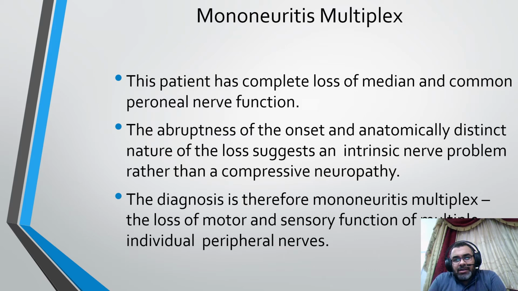The abruptness of onset and anatomically distinct nature of the loss suggests an intrinsic nerve problem rather than a compressive neuropathy. The diagnosis is therefore mononeuritis multiplex, the loss of motor and sensory function of individual peripheral nerves, multiple individual peripheral nerves.